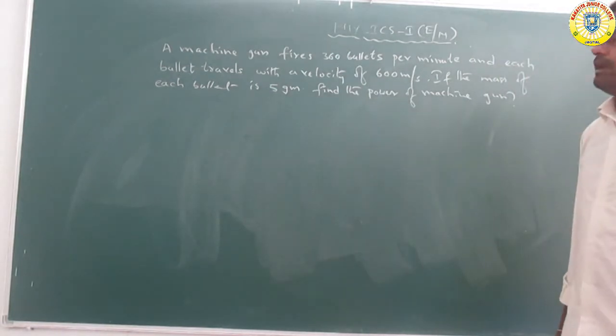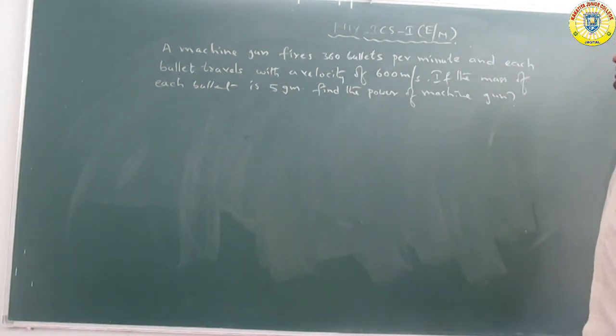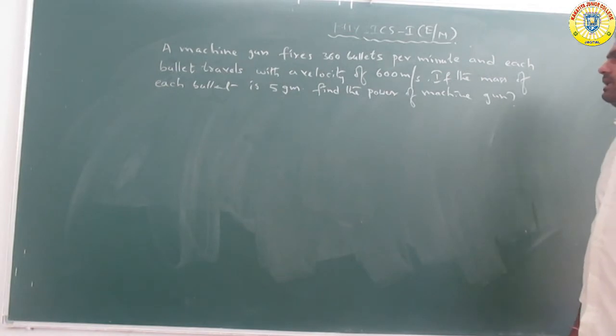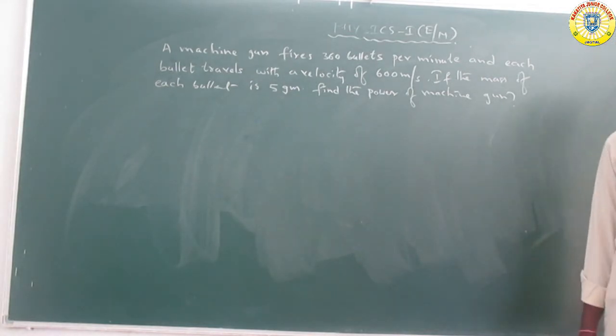A machine gun fires 360 bullets per minute, and each bullet travels with a velocity of 600 meters per second. If the mass of each bullet is 5 grams, find the power of the machine gun.